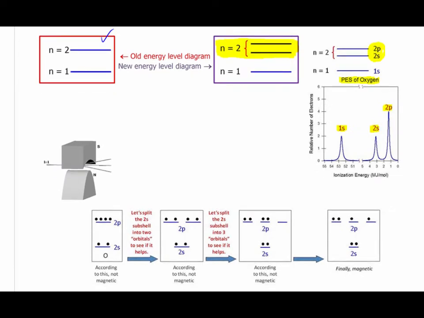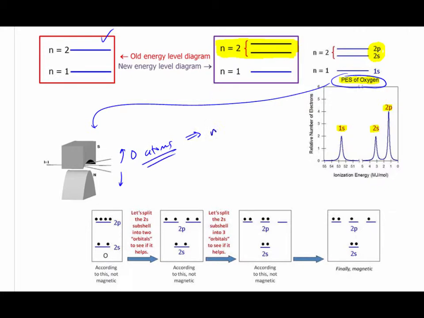Fantastic. So if we look at oxygen, what's interesting about it is that there's an experiment that can be done where we send oxygen atoms through a magnetic field. And oddly enough, they get deflected. So O atoms are deflected in here. And because of that, that tells us that oxygen must be magnetic.